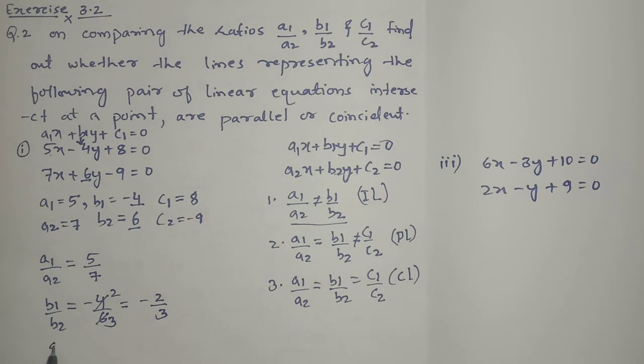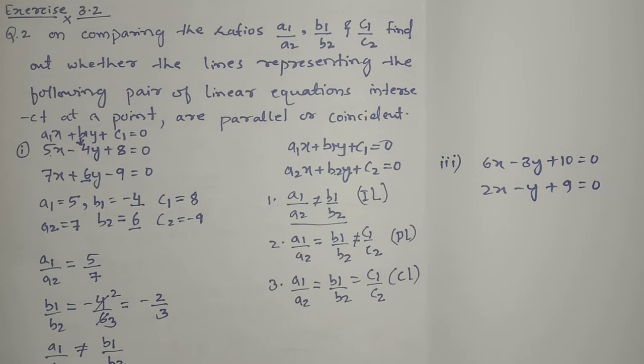We have to write here a1 by a2 is not equal to b1 by b2. Then below it we have to write, therefore, the lines are intersecting.